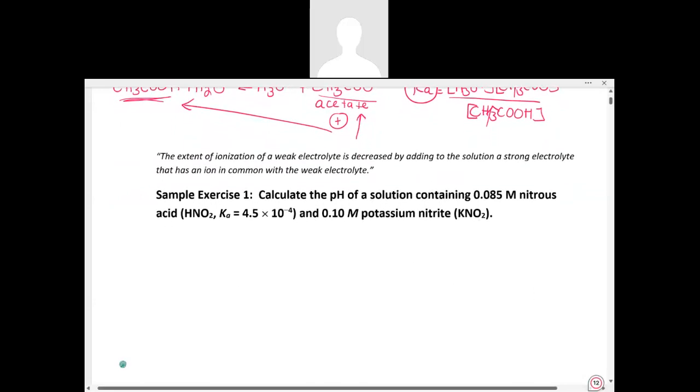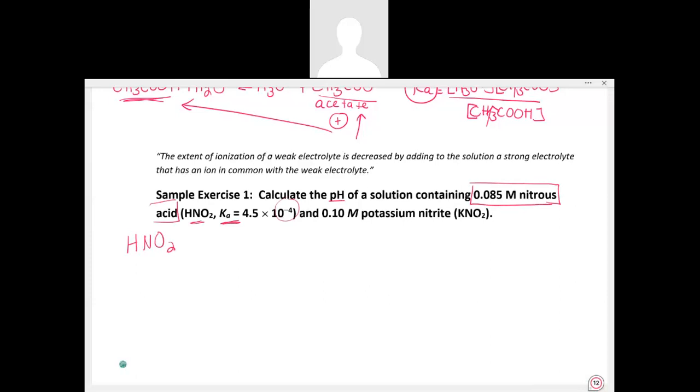So with sample exercise 1, we're going to calculate the pH of a solution that has 0.085 molar nitrous acid, so all that down to here. And we're given the Ka value and also the chemical formula of nitrous acid. So if you recall, this is a weak acid, so hence the Ka value.